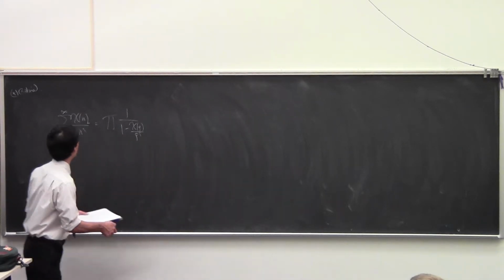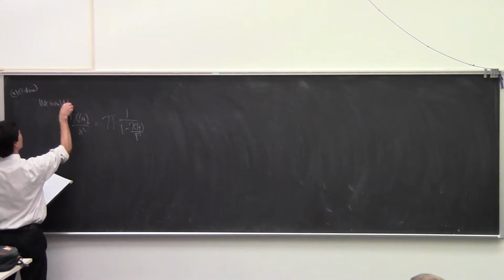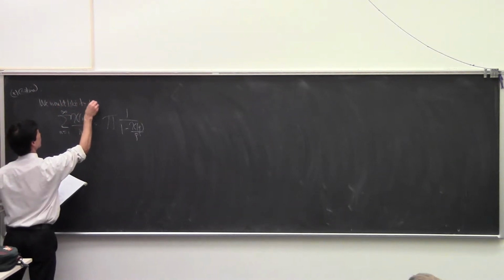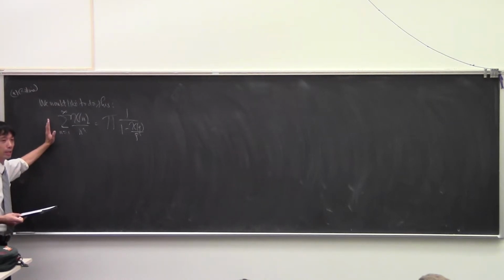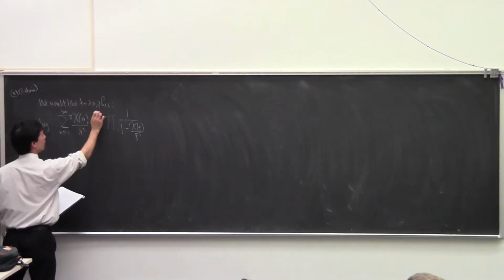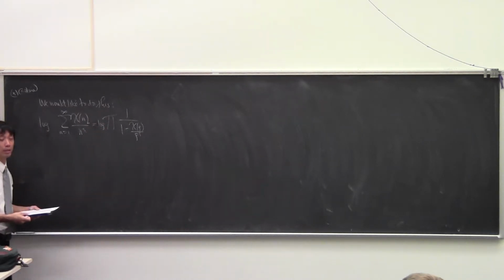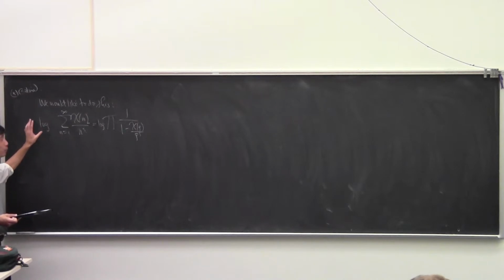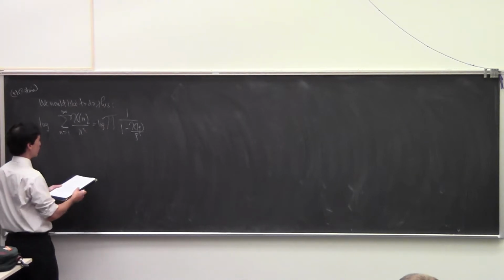Here's what we would like to do. We'd like to take this thing, and then we'd like to hit it with the log, just like we did in the case of the zeta function, to show that that thing was infinite.